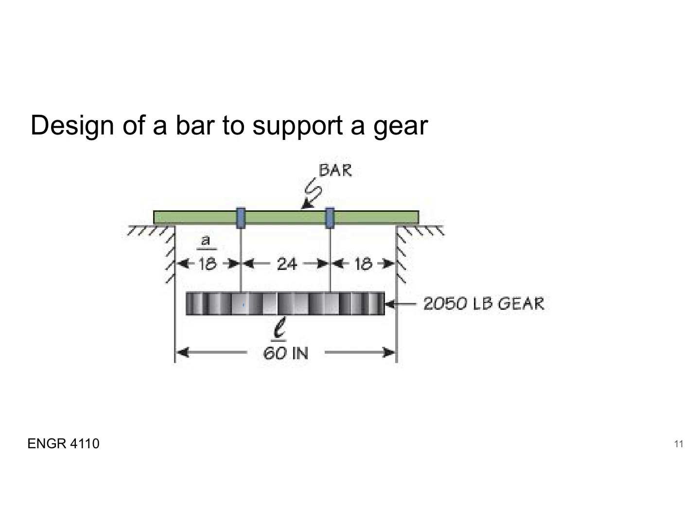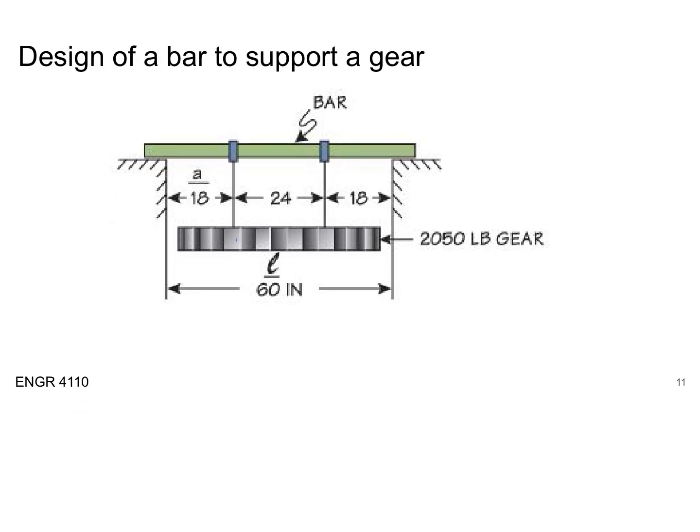So the goal here is to design a bar. It could be a round bar, it could be a square bar, or it could be an I-beam. When we look at this example, let's go back. So it will be the supporting bar.